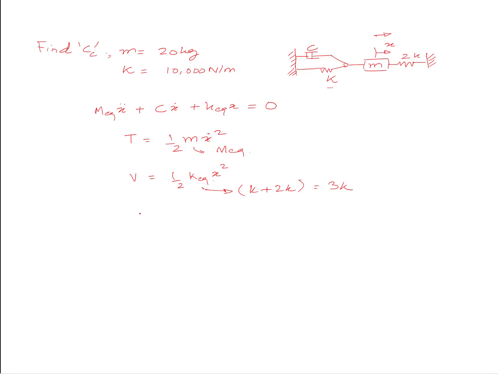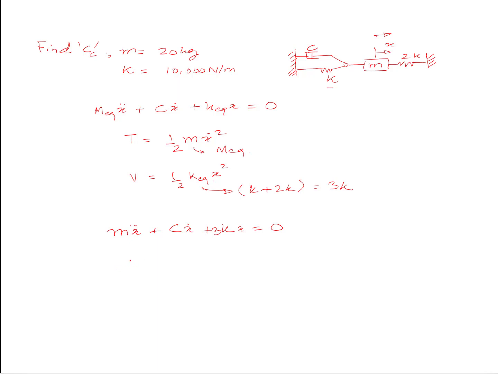If you put this back into the governing equation of motion, you should get m x double dot plus c x dot plus 3k x equals 0.